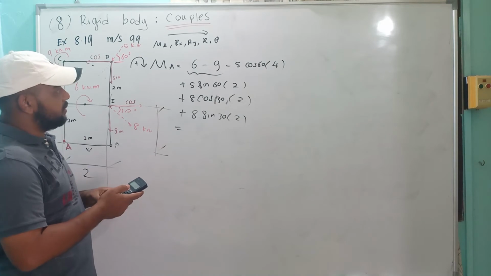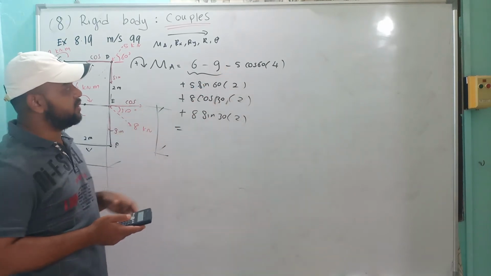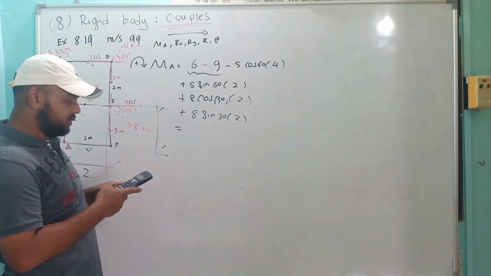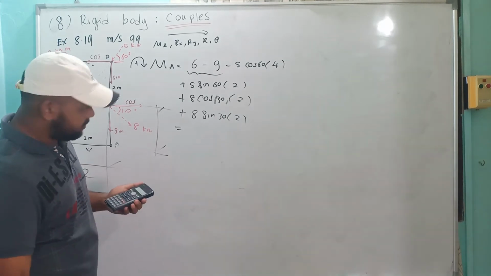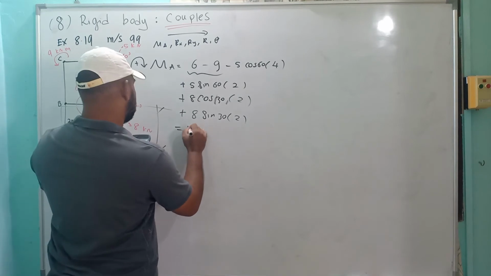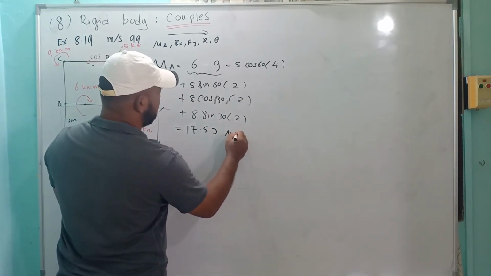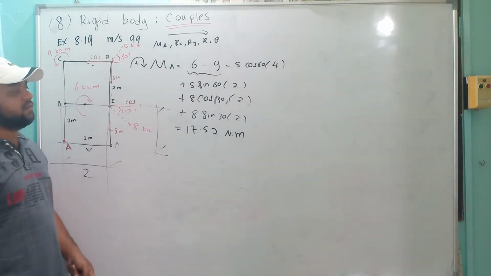So now, this is already negative, I put the negative at the beginning, so plus 6 minus 9 equal to. You should have somewhere 17.52 kilonewton meter.